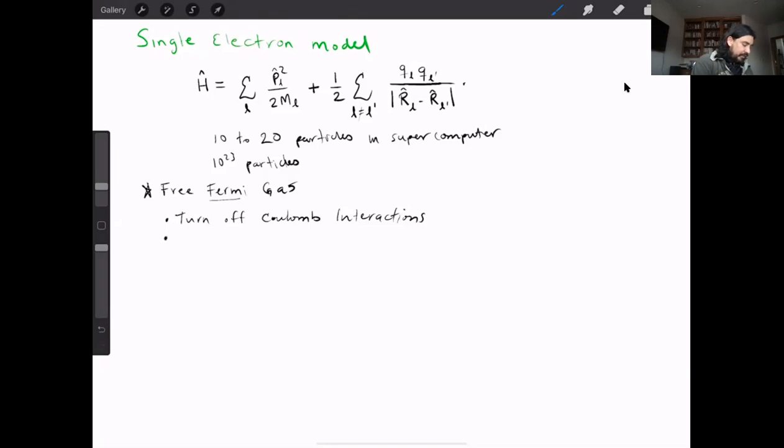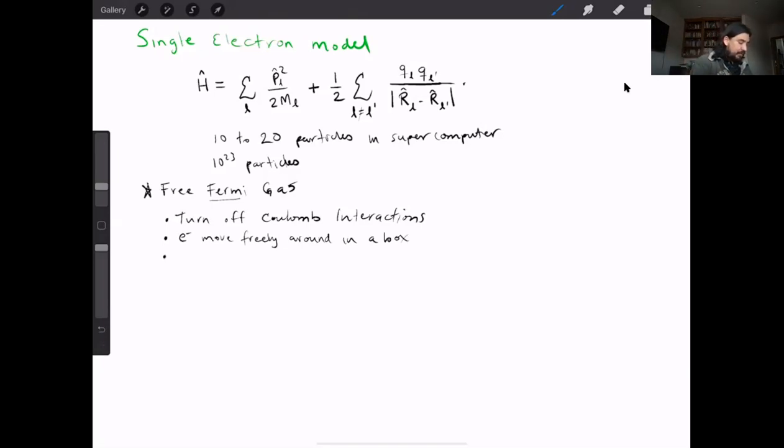Now, the other thing that you're going to do is consider the electrons moving freely around a box. Giant box, right? And that's where the free part comes out.